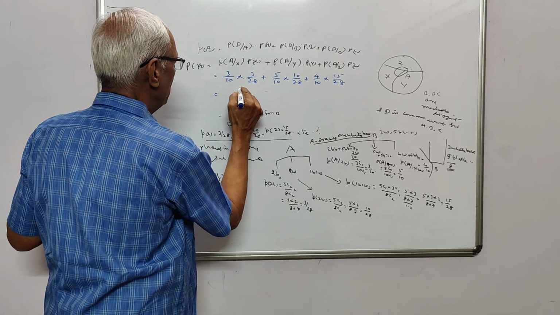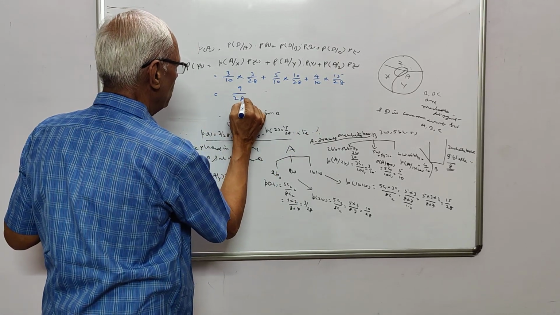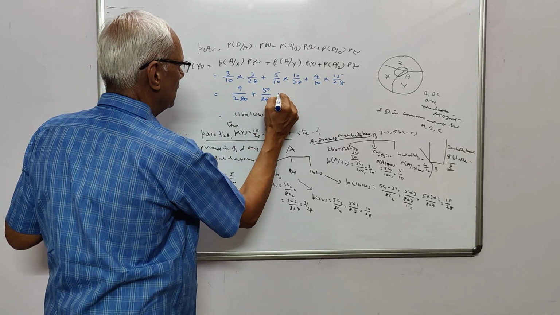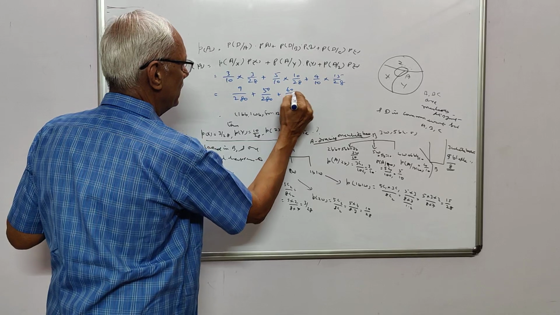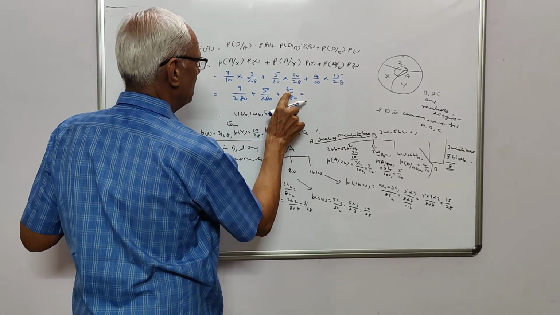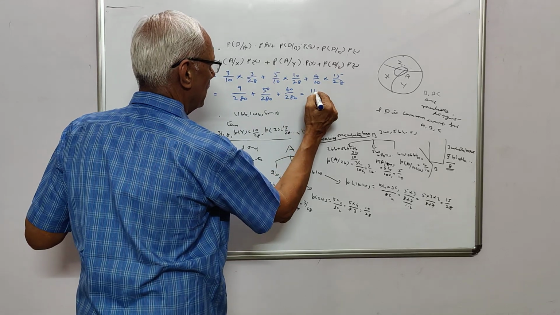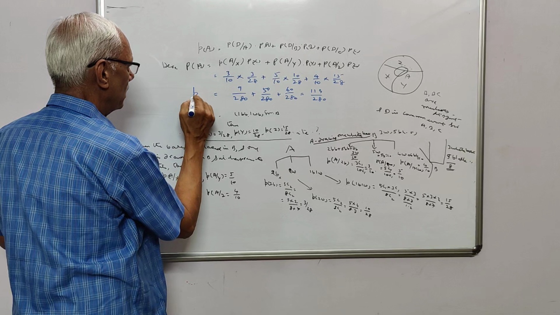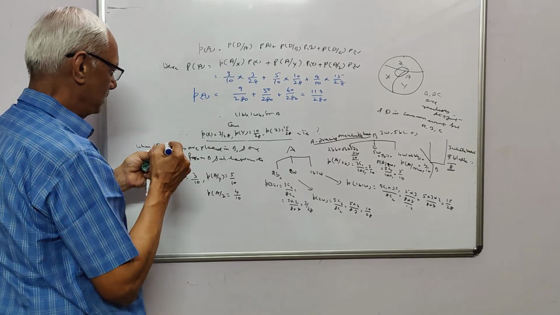So you see that you get this as 9 by 280 plus 50 by 280 plus 60 by 280. That is equal to, you get what? 119 by 280. So this is what you get.